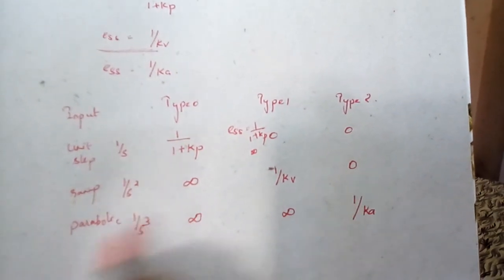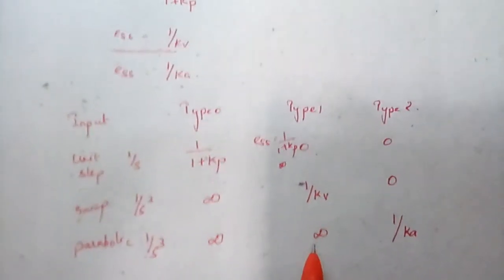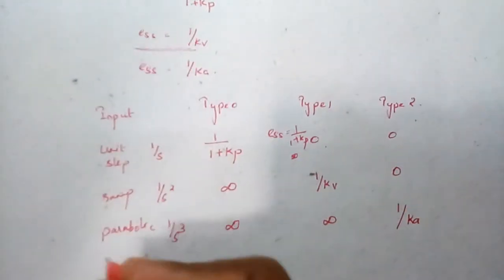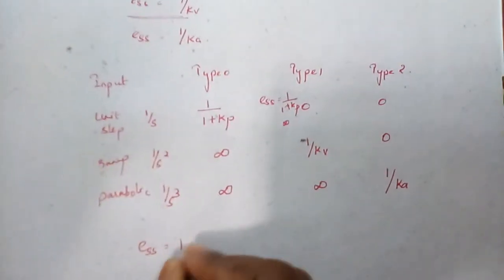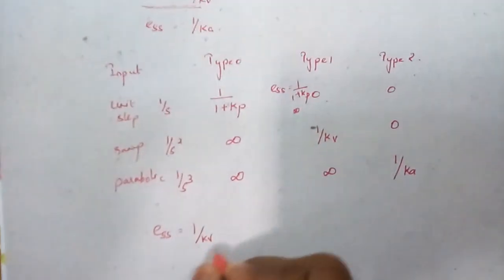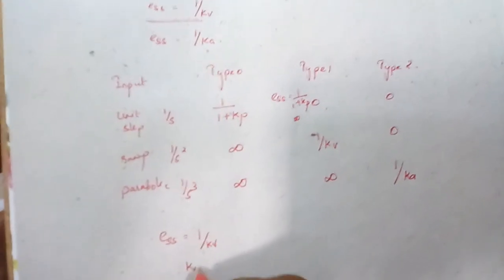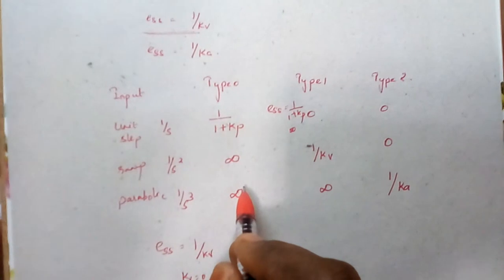For a parabolic input, the type 0 and type 1 systems will be infinite, and the type 2 system will be 1 by Ka. That means the steady state error is 1 by Kv for velocity, and for the type 0 system, Kv is 0, so we get the type 0 system as infinite, right?